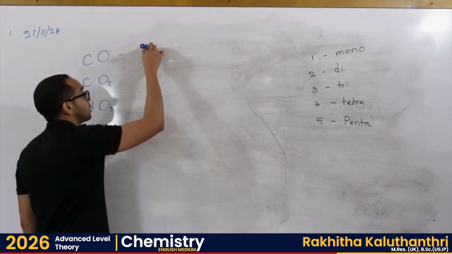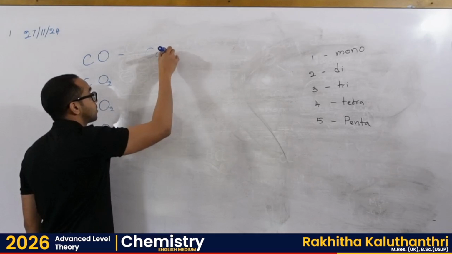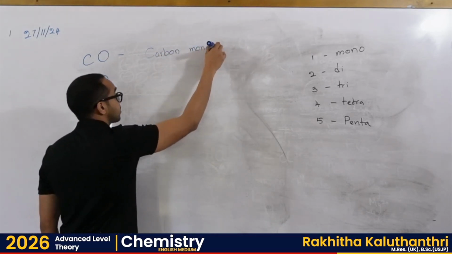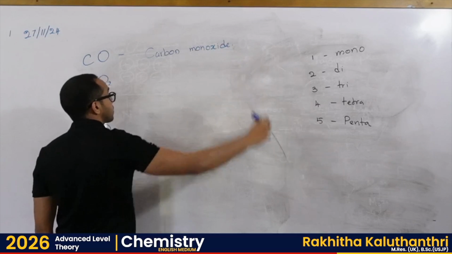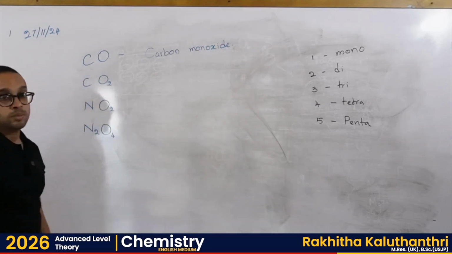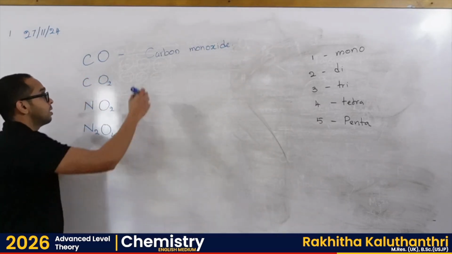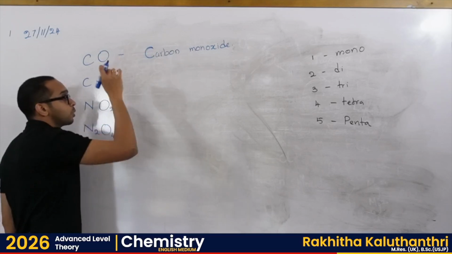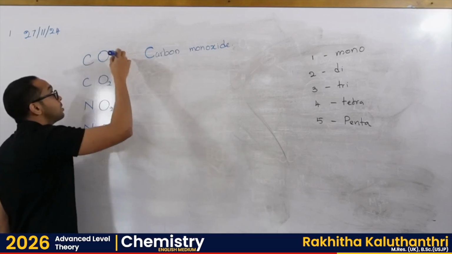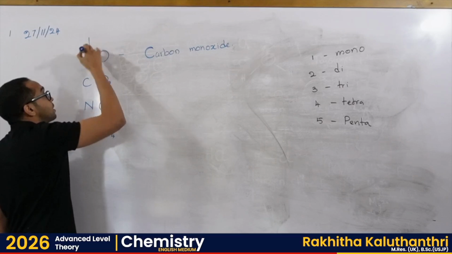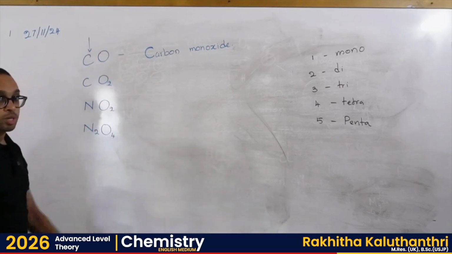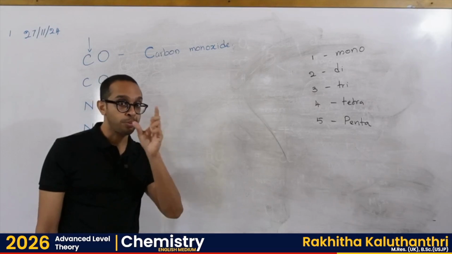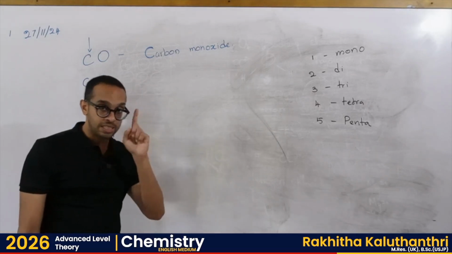We say this is carbon monoxide. So the word carbon didn't get the prefix mono. Now that is because when it comes to the very first element, if there's only one of it, we don't bother writing the mono prefix.